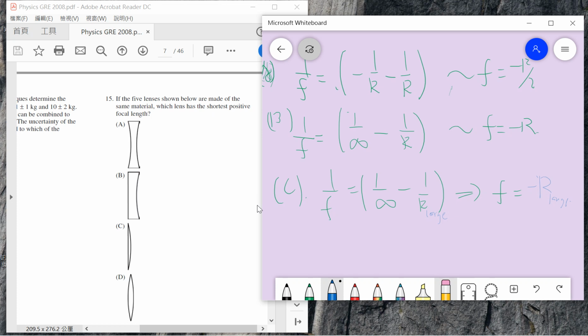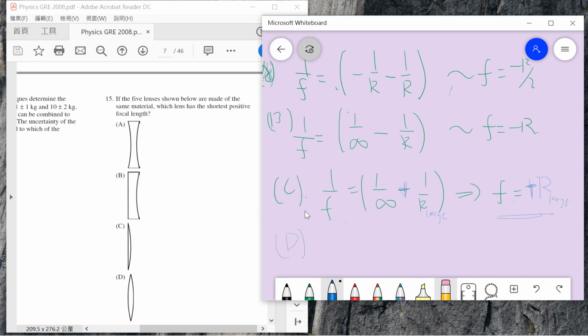Oh no, this is minus. Okay, so this is positive, this is negative, so this is plus, because there is a minus. So this is very large, because this is very close to flat.